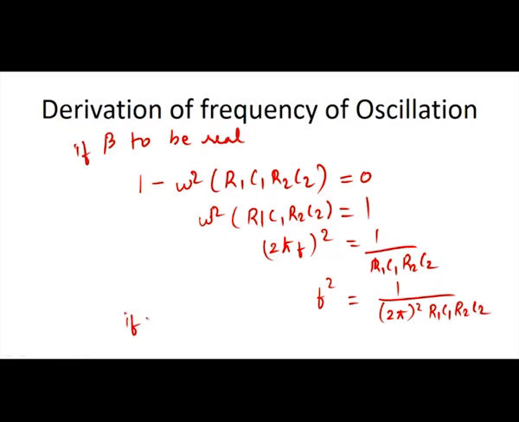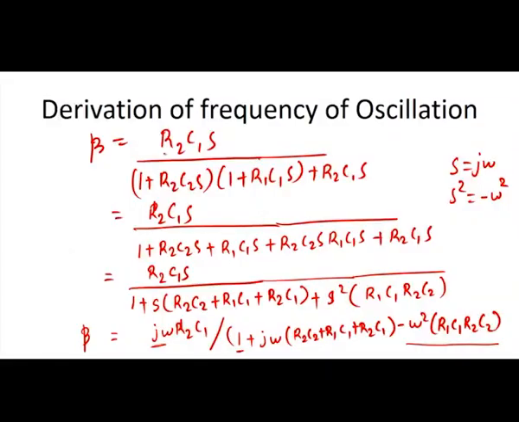If now you put equal resistors and equal capacitors, then you have f is equal to 1 by 2 pi R C. This is an important formula for the frequency of oscillation of the Wien-Bridge oscillator.